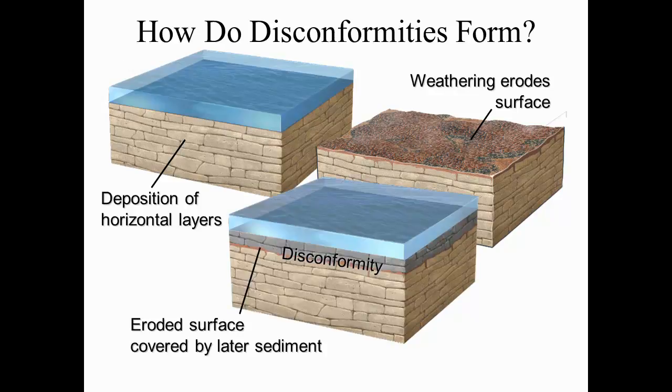And this is followed by the return of the seas and the deposition of additional limestones directly above that old erosional surface. And because the limestones above and below are parallel, this, by definition, is a disconformity.